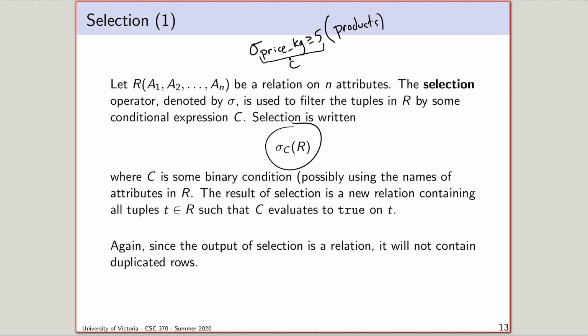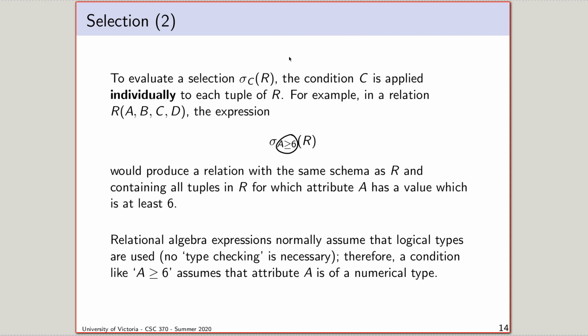I have no guarantee about which rows will come in first or whatever, and I'm not allowed to do anything that requires remembering the result of a previous row's query. Just a condition that can be applied independently to every single row. And so in this case, I apply it individually, and then I'm keeping every row where the value of A is greater than or equal to the number 6.